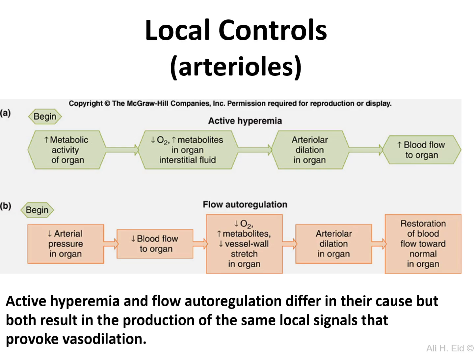And also because there is less flow coming, there is less stretch, less force going onto the vessel wall. The response to these stimuli would be to dilate the vessel so that you have more blood flow coming, and thus the blood pressure will go up within that given vessel.